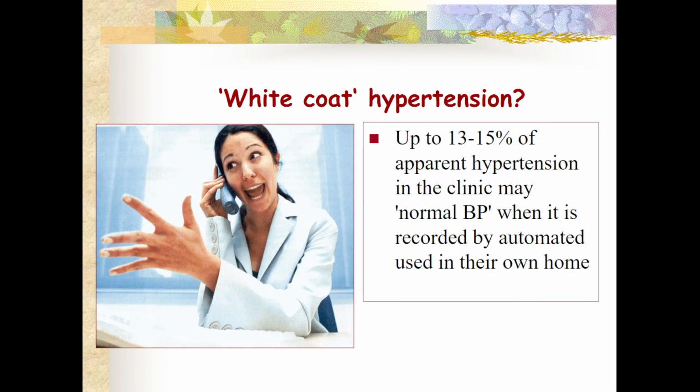Up to 13 to 15% of apparent hypertension in the clinic may have normal blood pressure when it is recorded by automated use in their own home. Office BP, sometimes associated with office arterial hypertension, sometimes associated with white coat.